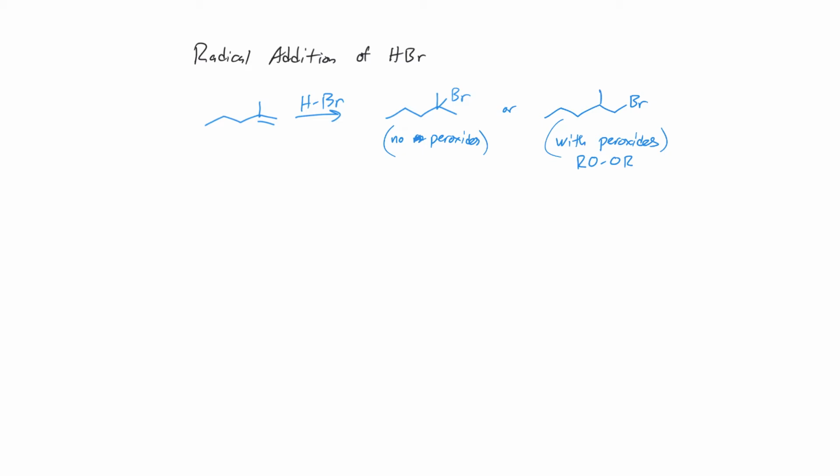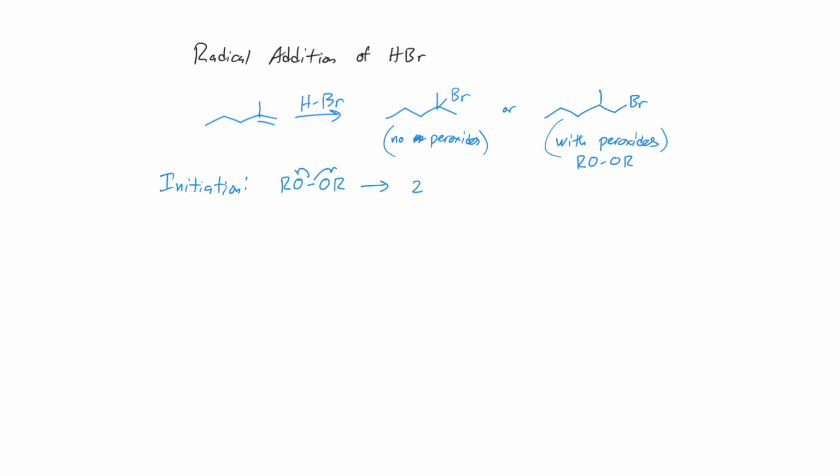So what I want to do now is look a little bit more at the mechanism of this using some of the radical arrow pushing that we've worked on over the past few videos. So as we learned, the first step here, we need to make some radicals. We need an initiation step. And that's going to be where we take our peroxide, whatever it may be, and we split it in half.